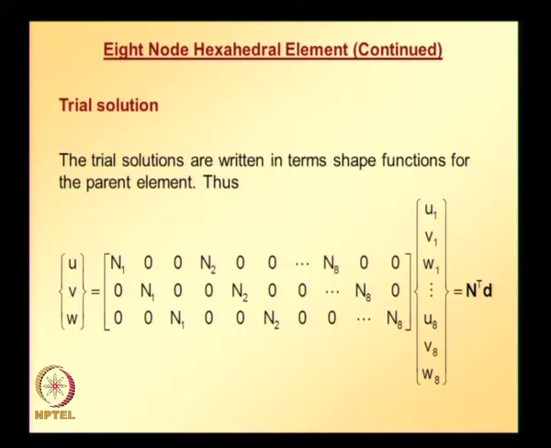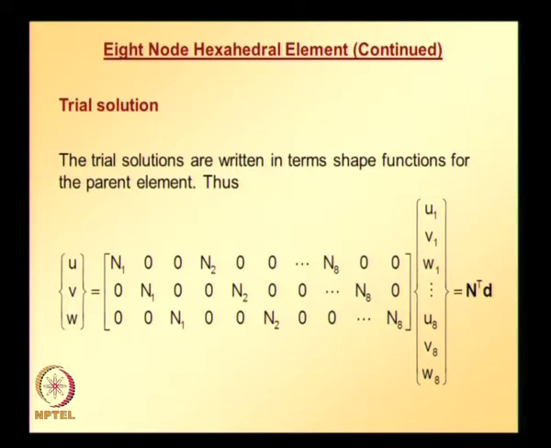The matrix consisting of finite element shape functions is denoted with letter N, and all the displacement components are put together in a vector d. So, the trial solution can be written as N transpose d.